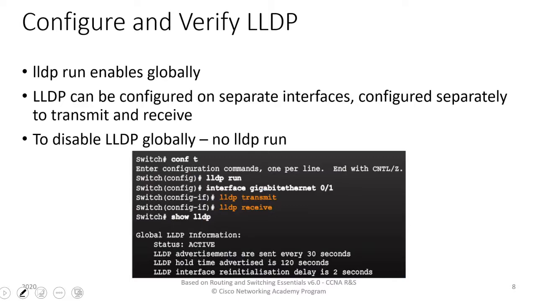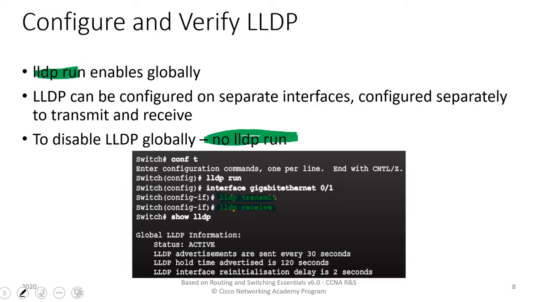Similarly, in terms of configuring LLDP, we can use similar commands to do that. So we can use the LLDP run or no LLDP run command to run and disable them globally, or we can apply it to particular interfaces, and then we can go and see whether they can do LLDP receive, LLDP transmit as well.